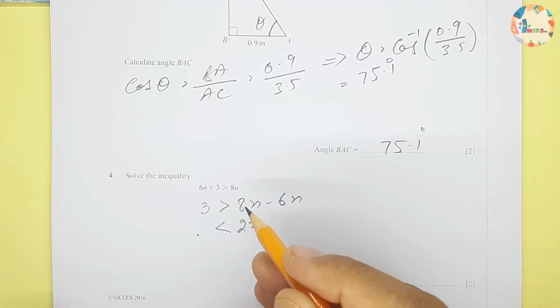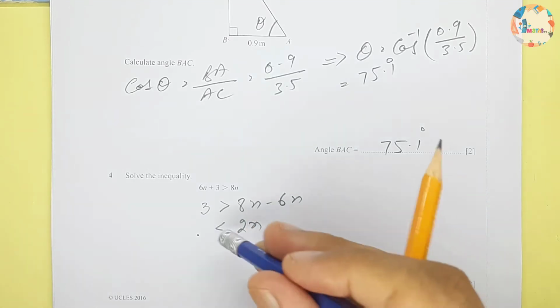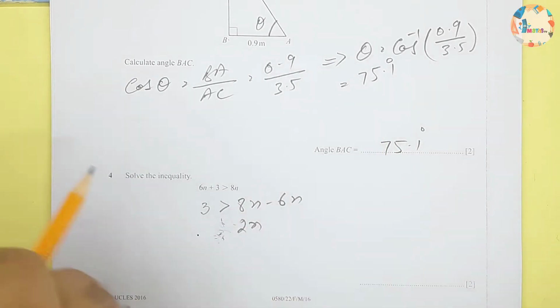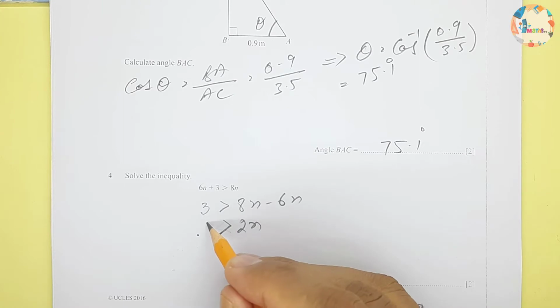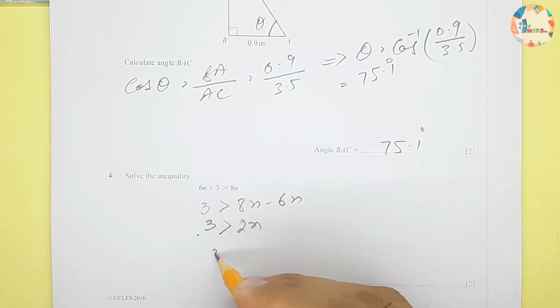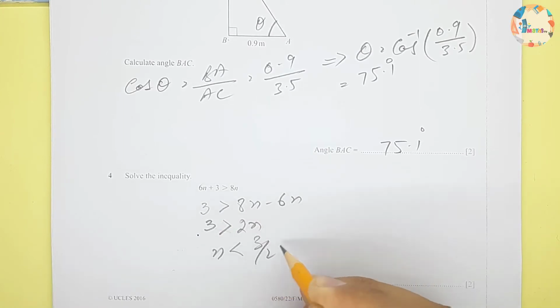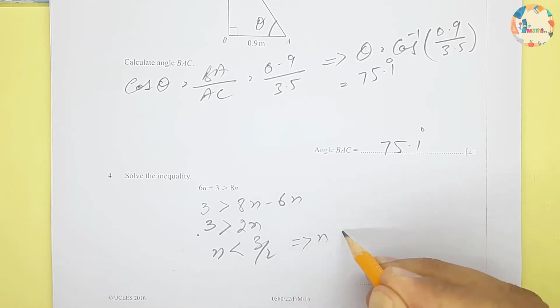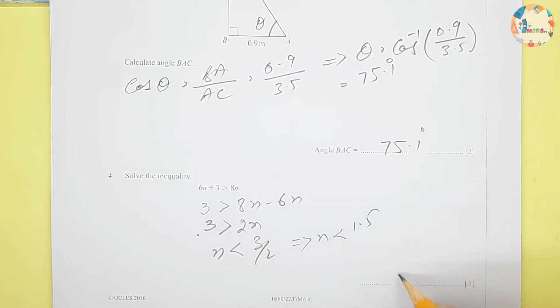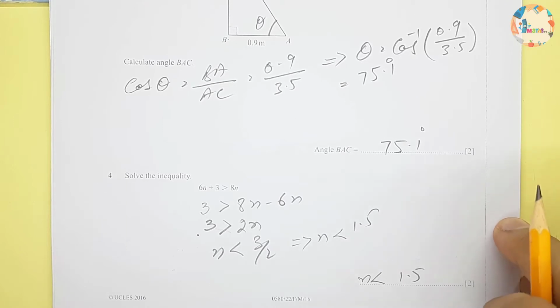It should be less than, so we will change this sign to this direction, so n will be less than 3 by 2, which is 1.5. This implies n is less than 1.5, and this will be our answer to this question.